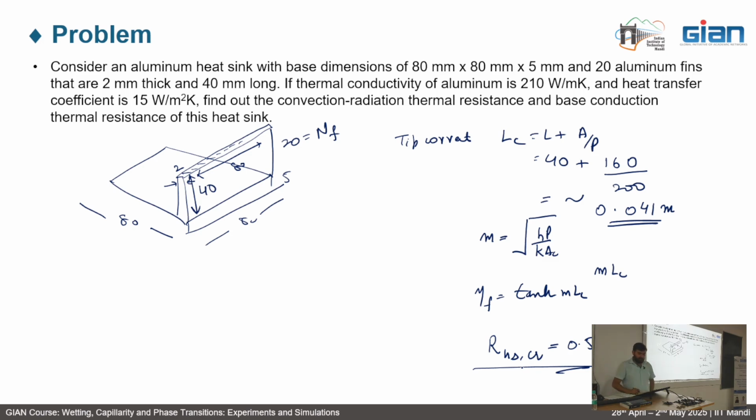And for the base conduction thermal resistance of the sink, it would come out to be 0.004 degree C per watt. So now we have got an improvement in thermal resistance, or we have got lower thermal resistance values in comparison to when we are not using the heat sinks.